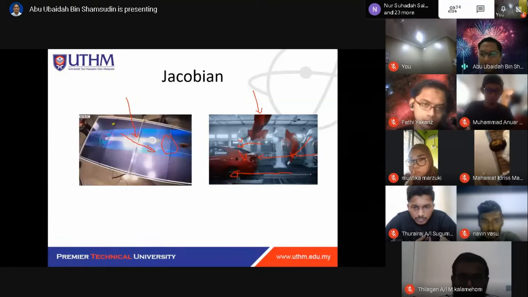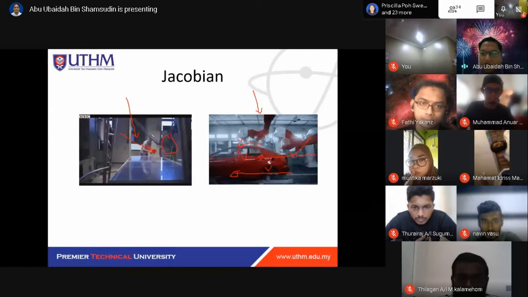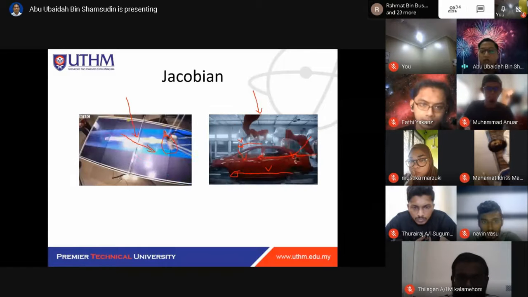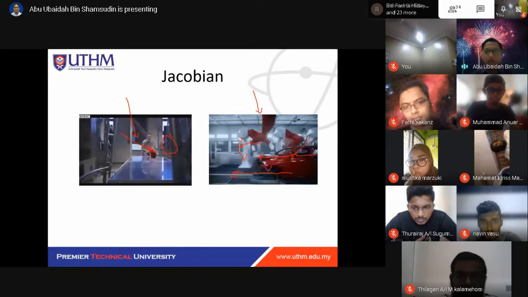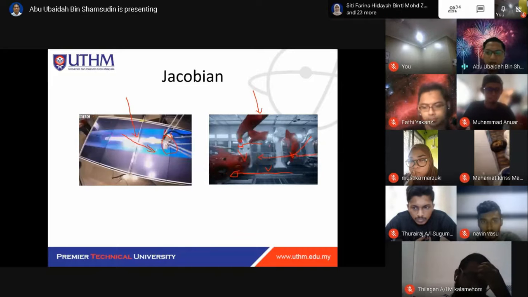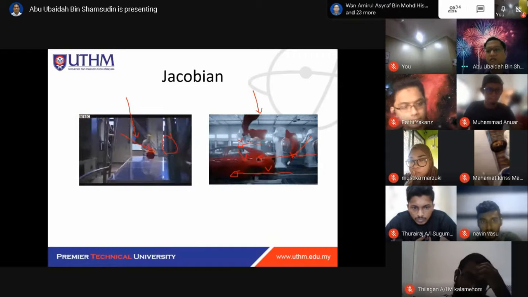But in this case, the car doesn't need to stop. The conveyor will keep on moving, and the robot can paint our car. So by doing this, we can make sure that our car can be completed much faster. Okay.